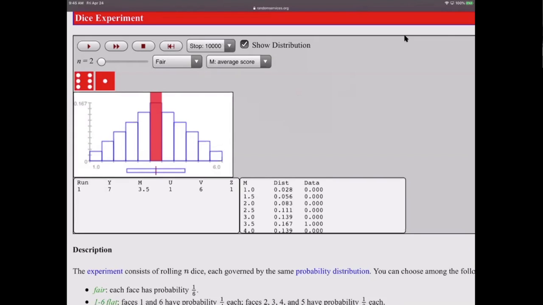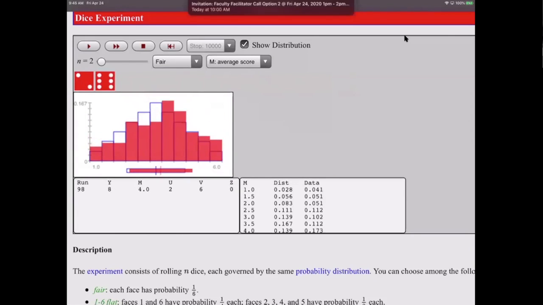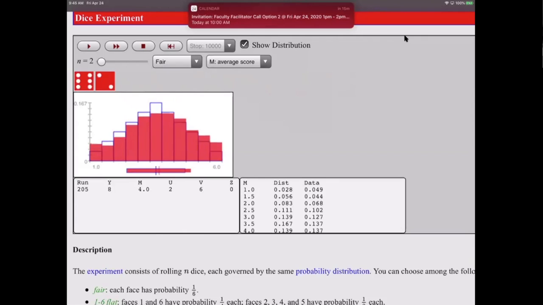If I do this 10,000 times, it's graphing all the different averages here. Eventually, it'll create this triangular distribution of outcomes. It takes a little while before the theoretical and the simulation line up, but you can see it'll eventually get there.